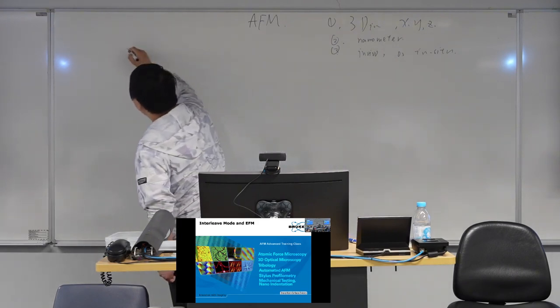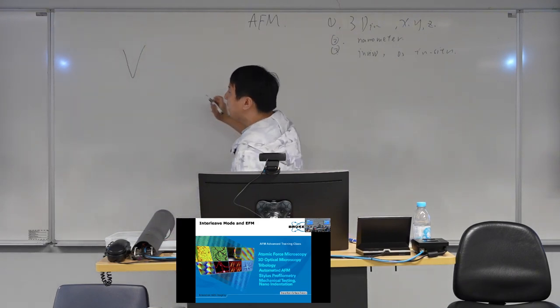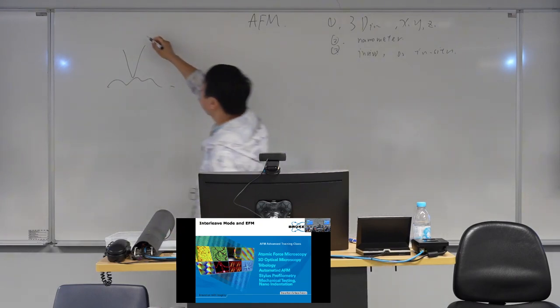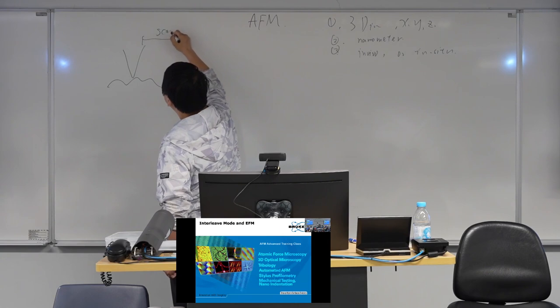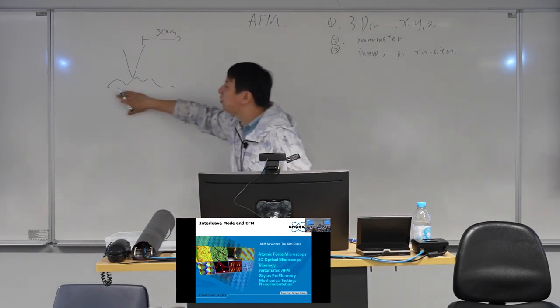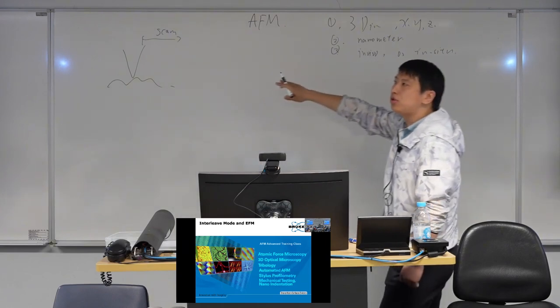So finally, we invented this kind of machine. We have a probe, and we let the probe scan on the surface, because we want to get the morphology of our sample. How to achieve that?